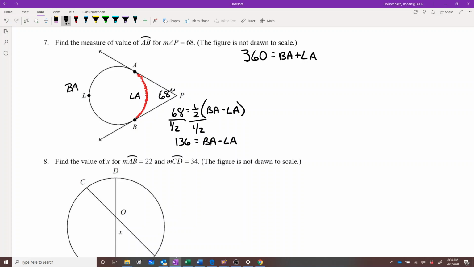So bring it up here, 136 equals big arc minus little arc. So 496 equals 2 big arcs, and we can divide both sides by 2. So 248 is equal to your big arc.